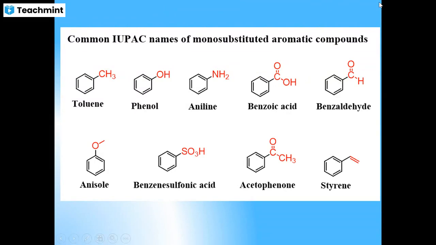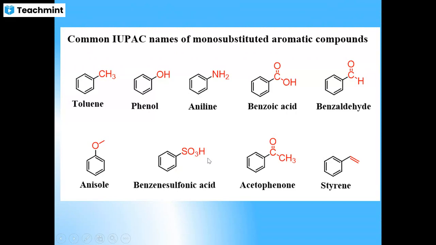So this is benzoic acid, then a CHO group gives benzaldehyde. Then this is OCH3, which is called anisole. This is the common name; directly we can say methoxybenzene. An OCH3 group, meaning a methoxy group, is present on the benzene ring. So the simple IUPAC name is methoxybenzene, and the common name is anisole. Then benzene sulfonic acid.